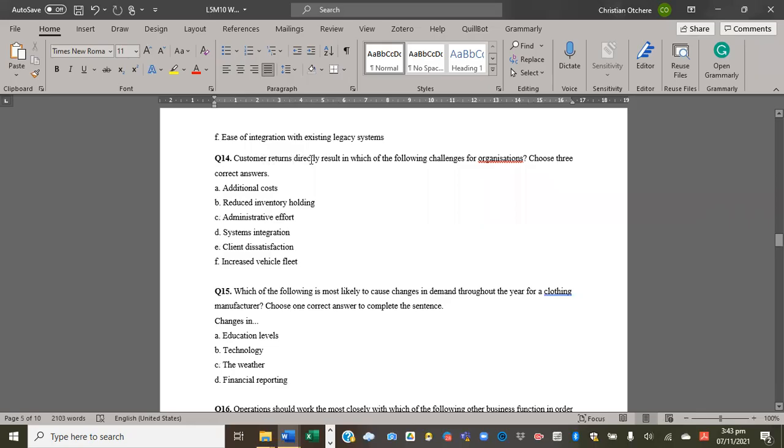Okay, then question 14. Customer returns, chapter 2.4. Yes, learning outcome 2.4. Customer returns directly result in which of the following challenges for organizations? Choose 3 correct answers. Customer returns. We looked at challenges for organizations, challenges for the household as well. So, yes, choose 3 correct answers.